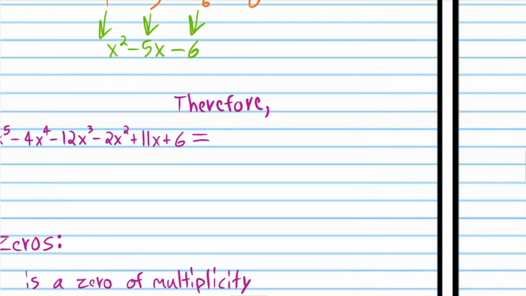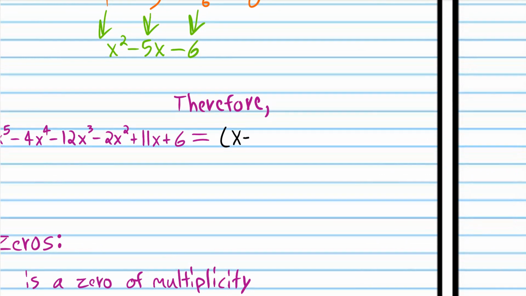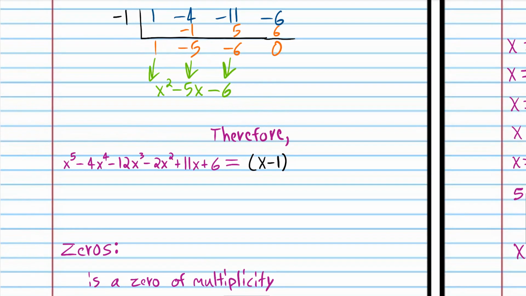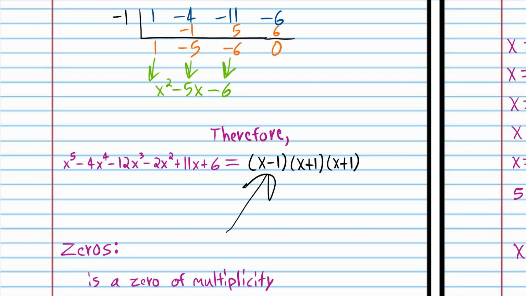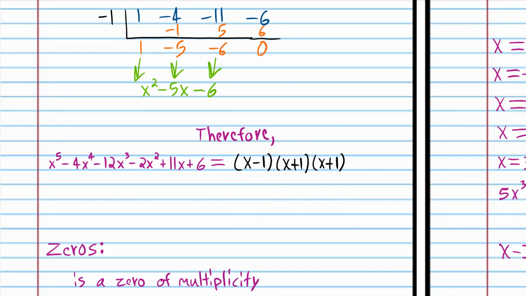The first 0 was 1, so it's equal to x minus 1. Then we had x plus 1 as a factor, and x plus 1, because we found 1 worked, and that was a 0, and -1 worked, but it worked again. And lastly, we have the green quadratic factor that we haven't factored yet.